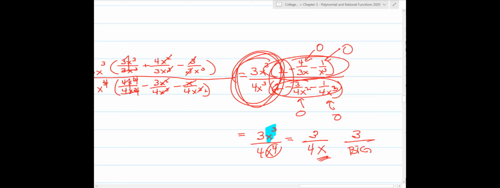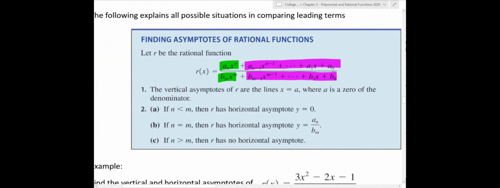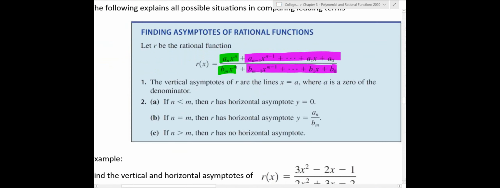So when the bottom degree is bigger, and that's what this one here is saying, when m is larger than n, you are always 100% of the time going to have a horizontal asymptote of y equals 0. That's because when you do the cancellations, you're always going to be left with a variable component in the denominator, and that makes an integer divided by a very, very large number, which is 0.